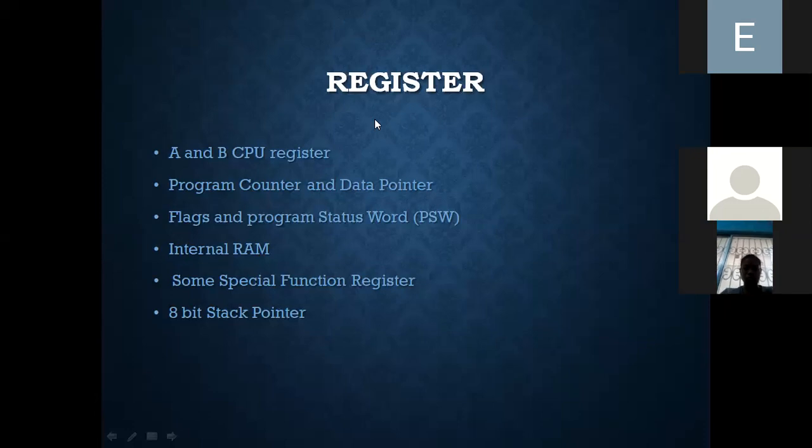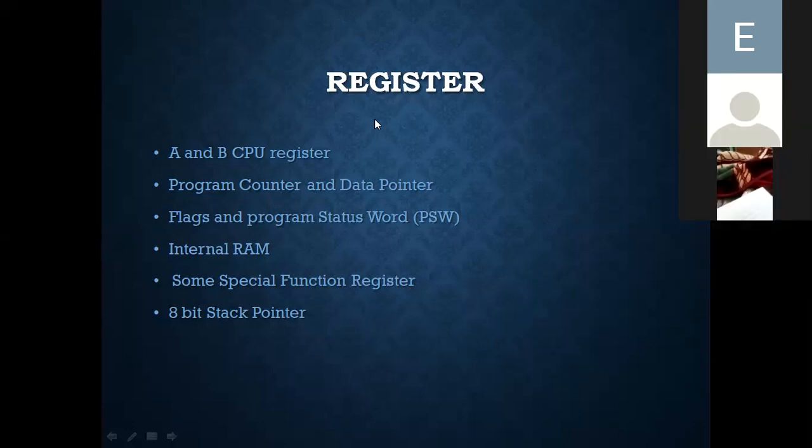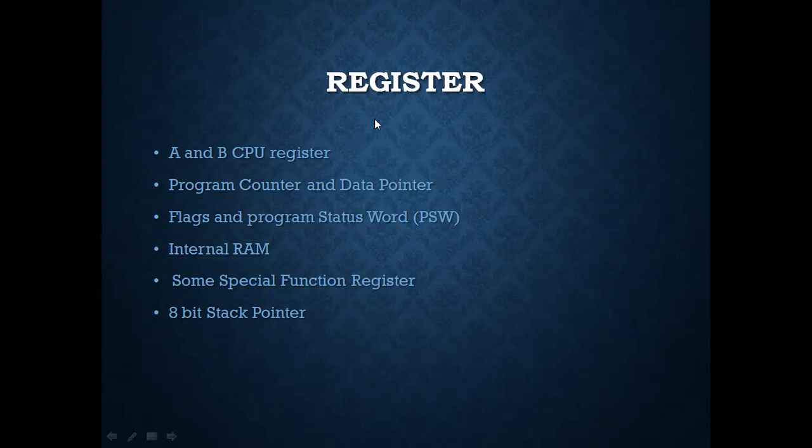Now the program counter, as in the 8085 microprocessor, stores the address of the next instruction to be executed, and the data pointer points to some data address for executing the program. We'll come to the program status word in detail, which is 8 bits. Internal RAM is 128 bytes, as we have discussed already. Some special function registers are there, and an 8-bit stack pointer.